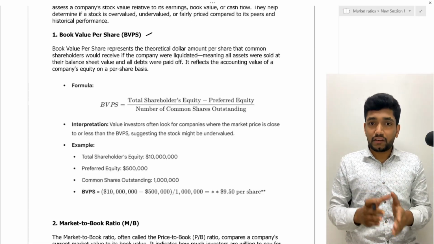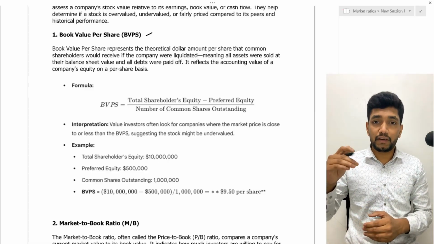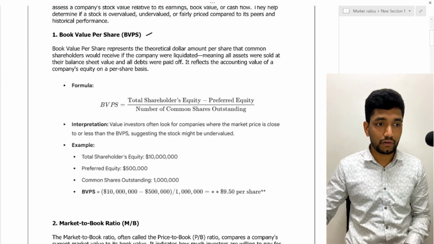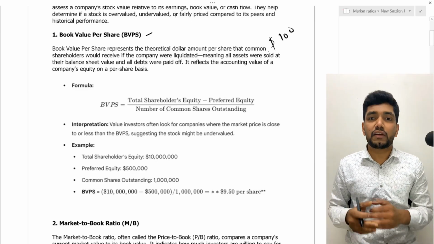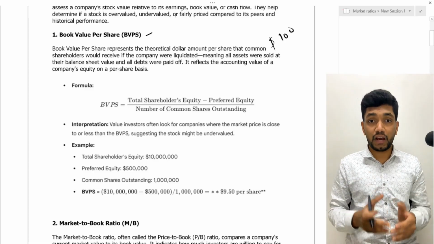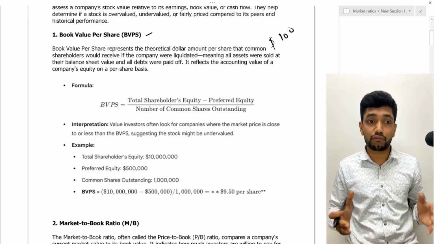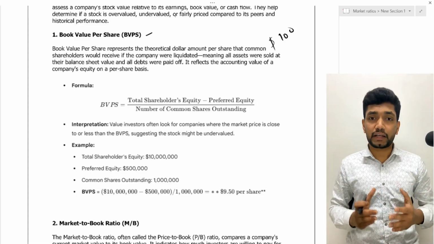As we know, the stock market value and book value can vary in many cases. For example, a stock may be trading in the stock market at $100, but its book value may vary from that: maybe 110, or below 100, maybe 50, 30, 40, even 10, even 5, depending on its market performance.